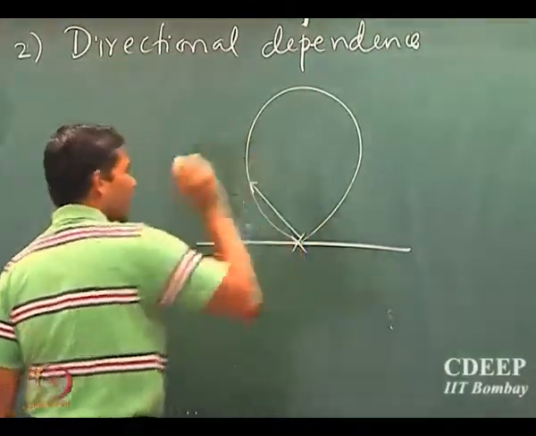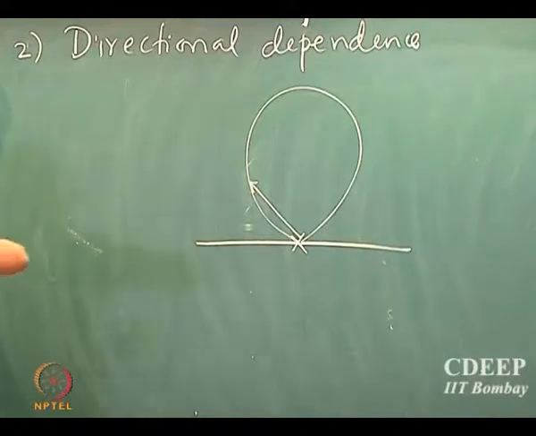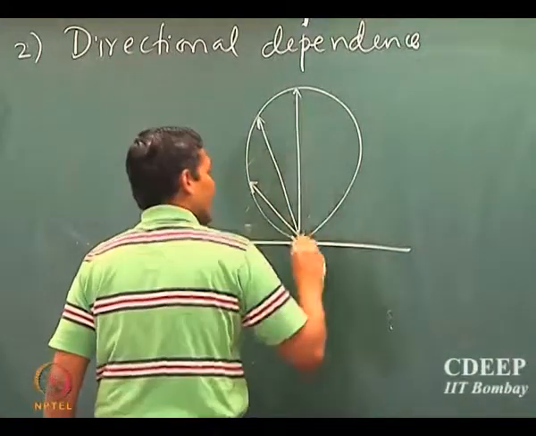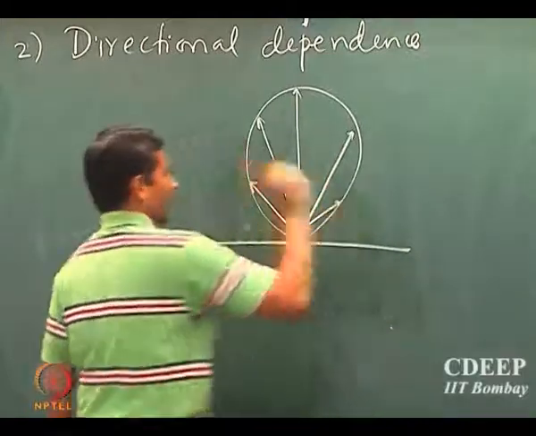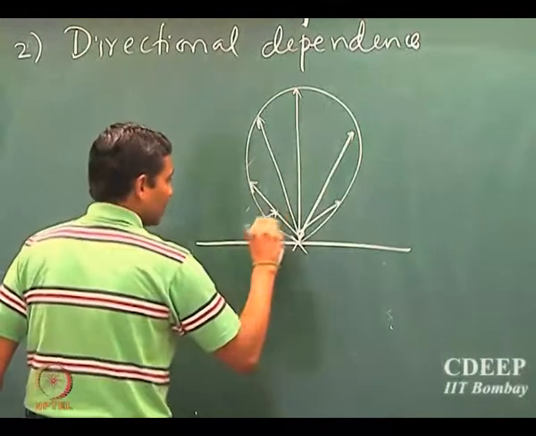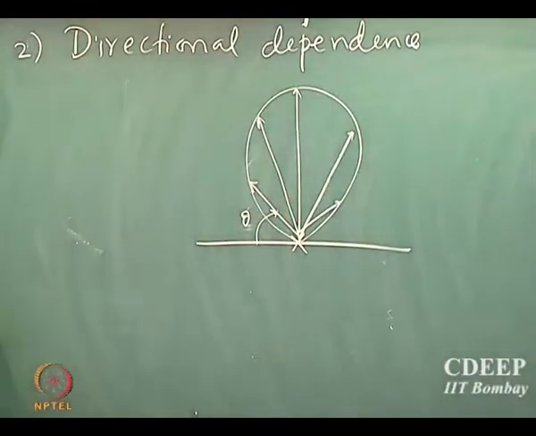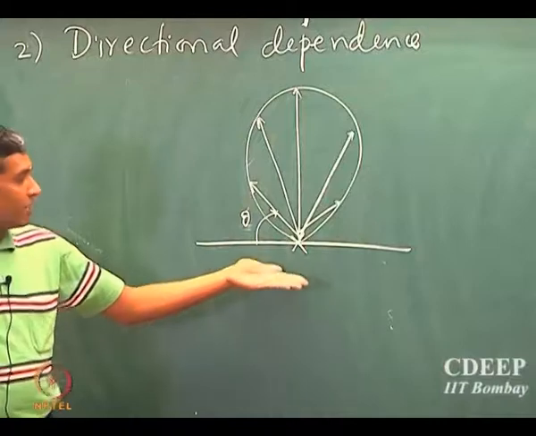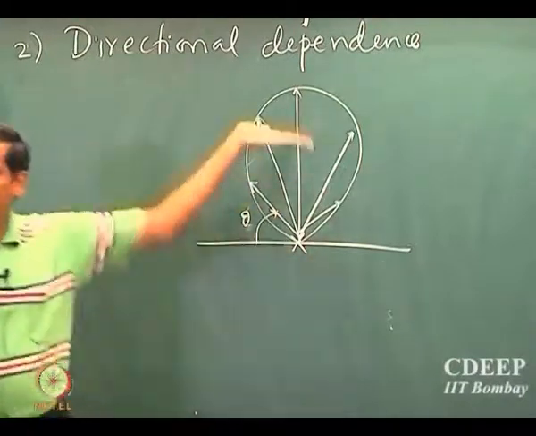The length of the arrow denotes the intensity of the radiation. So the radiation intensity is different in different directions. That's what it means by saying it has directional dependence, and theta is counted from this angle, going from 0 to pi.